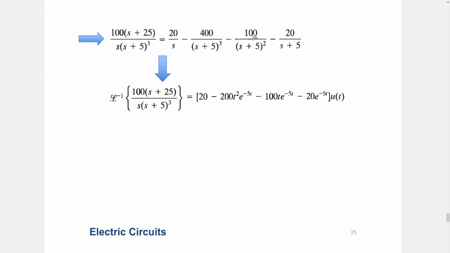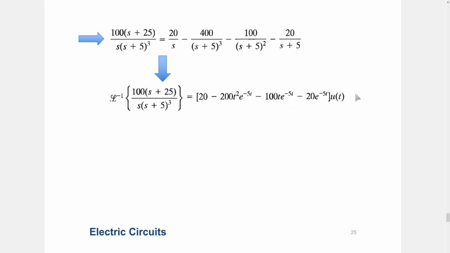We write down our computed coefficients, then using the basic relationships, I go into time domain. Each term is transformed into time domain correspondingly, as you can see, and we end up with 20 minus 200t squared times e to the minus 5t minus 100t times e to the minus 5t minus 20 times e to the minus 5t times unit step function u(t).